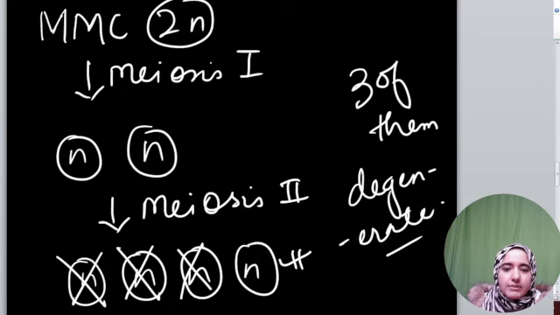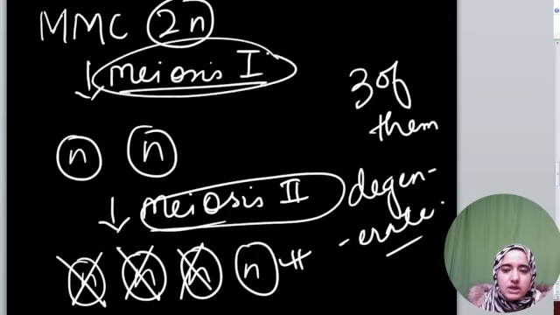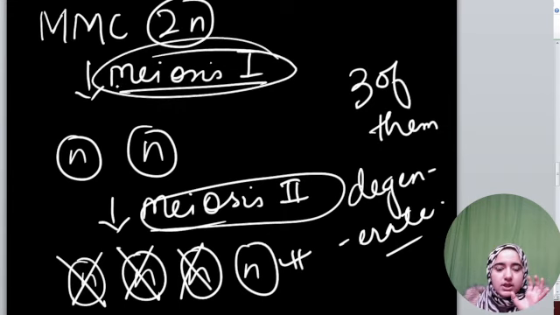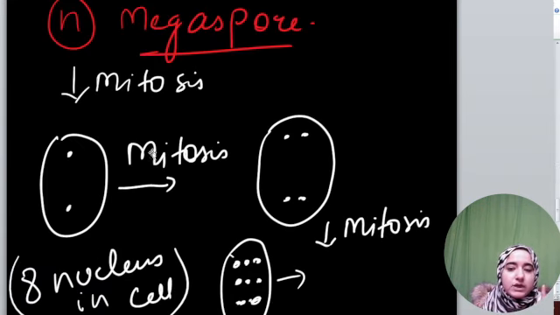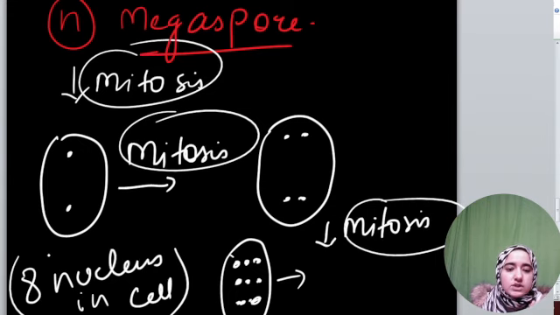I'm again repeating, it's not a different, separate meiosis. This meiosis contains two divisions, meiosis 1 and meiosis 2, that means a single meiosis will take place. But how many mitosis will take place? 3. 1, 2 and 3 mitosis will take place.